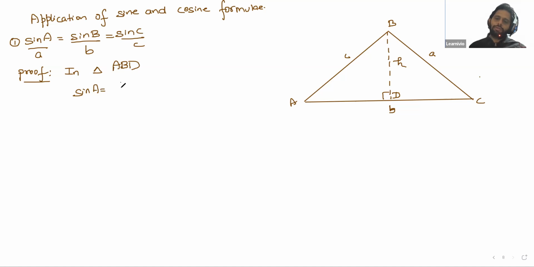What is perpendicular? BD, which is H, by hypotenuse AB, which is c. So we will get H is equal to c sin A. Any doubt in this question?